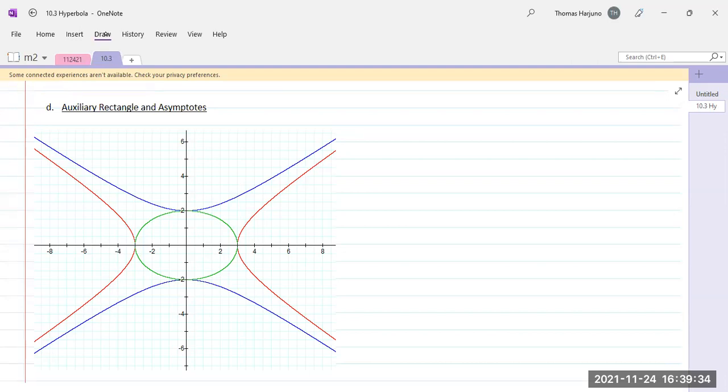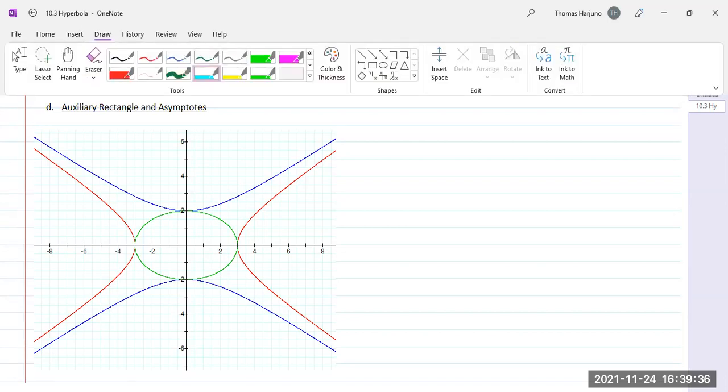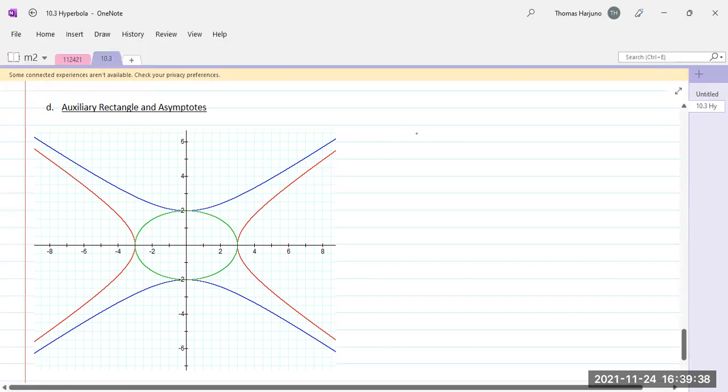The one in green, the equation of the one in green, that's the ellipse, right? The center is the origin. You go 3 units to the right, 3 units to the left, up and down 2. Because it is 3 units to the right and left, it's x squared over 3 squared, plus y squared over 2 squared equals 1.